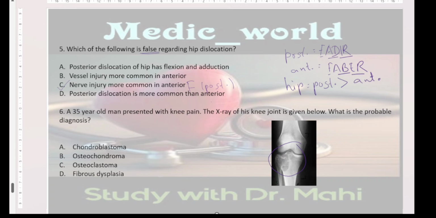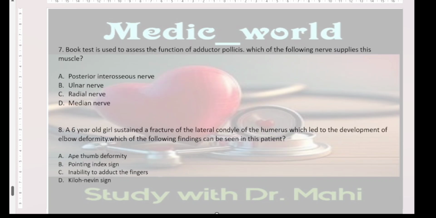So the answer to this question is option C, that is osteoclastoma. Now let's move towards other question. Question number 7. Book test is used to assess the function of adductor pollicis. Okay. Which of the following nerve supplies this muscle? So this is the fact-based question, and the answer to this question is ulnar nerve.